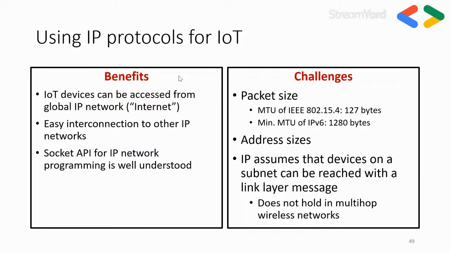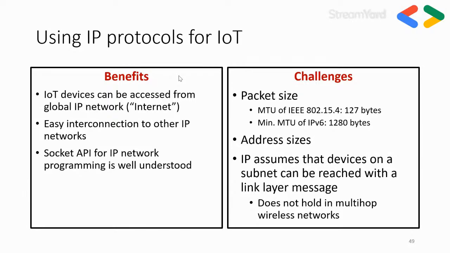The address sizes are also huge. Even the fact that the address size for IP version 6 is huge is a problem for this device to be able to store its own address. We're talking about bytes being scarce when we talk about this little computational IoT device. So this also hinders the deployment of IP directly into the IoT device.